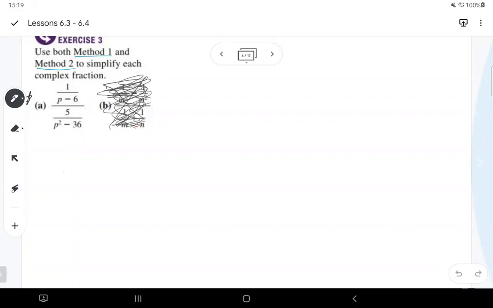So we're going to ignore problem B for this slide, and we'll do problem B on the next slide. We're just going to focus on A. We'll do method 1 for A.